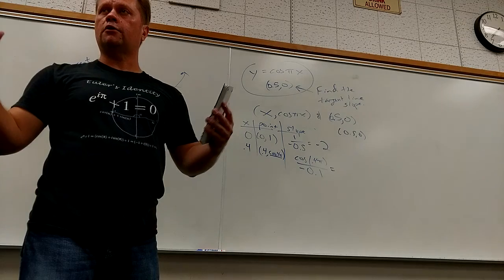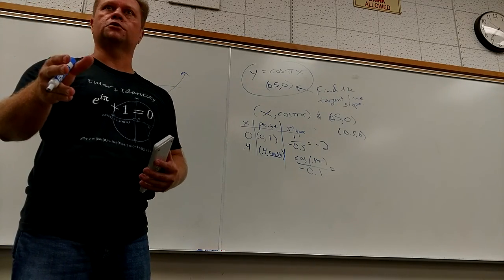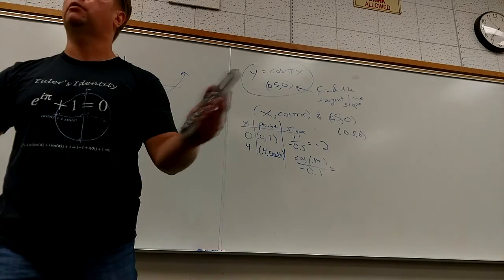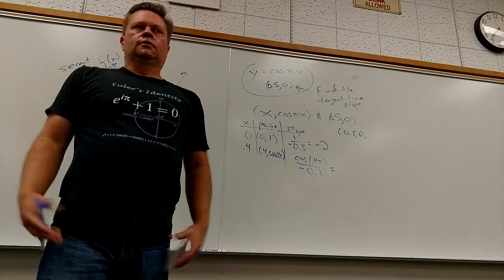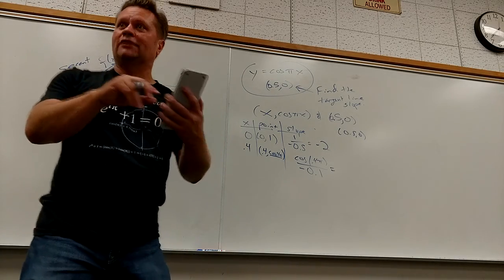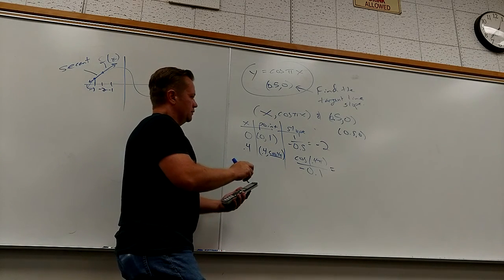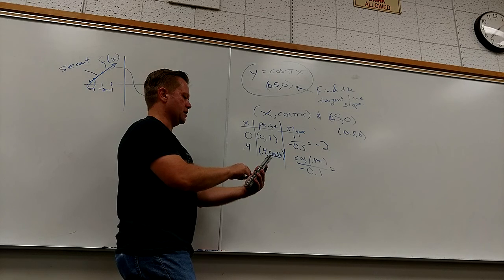It will almost always be radians, because radians are true physical measure. Degrees are something we made up, totally. It's like 360 is a nice number. It just came out of nowhere. Actually, it's based on Babylonians' number system. They have a base 60 number system. All right, so let's see, cosine 0.4 pi.